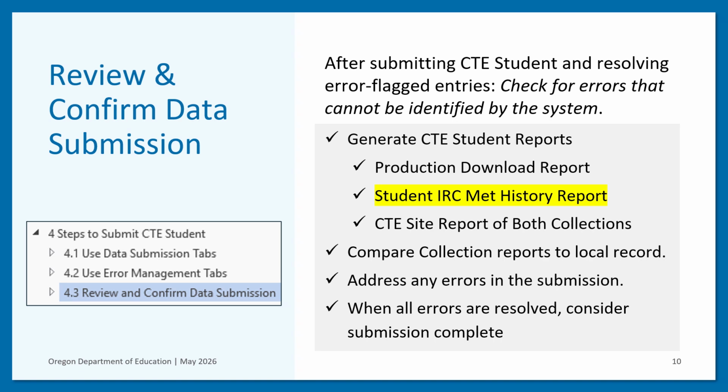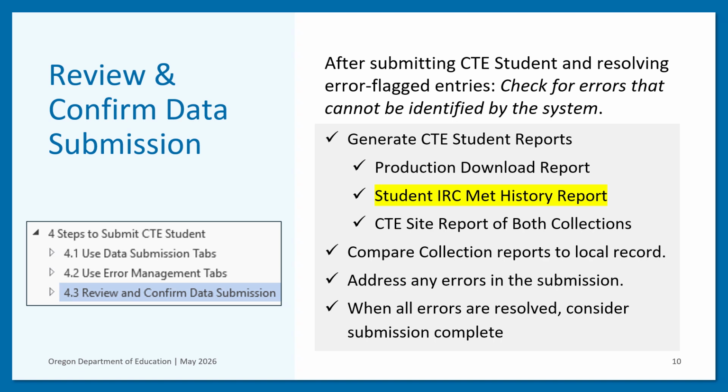To review and confirm the submission, generate the CTE Student Reports Production Download Report, Student IRC Met History Report, and CTE Site Report of both collections. Then compare the collection reports to local records, such as the prepared SIS report. Address any errors in the submission, and when all errors are resolved, consider the submission complete.